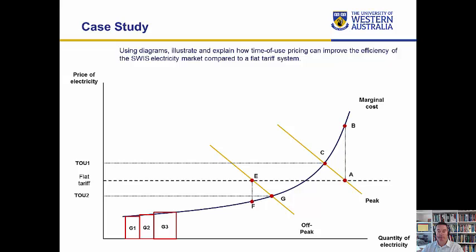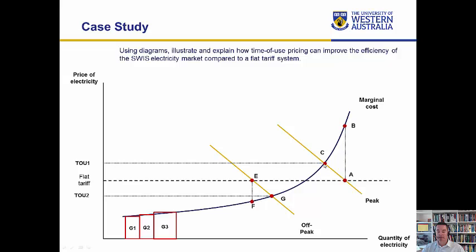And also we would have people switching their consumption from peak to off-peak times. For example, you would switch your use of the washing machine, the dryer or whatever electrical appliance from peak to off-peak. So you'd start doing your washing at night, rather than during the peak times during the day.